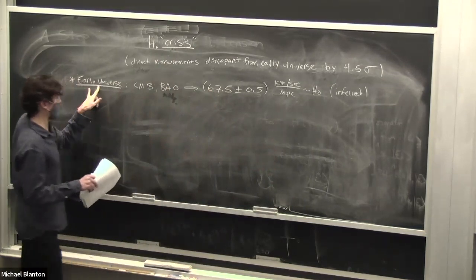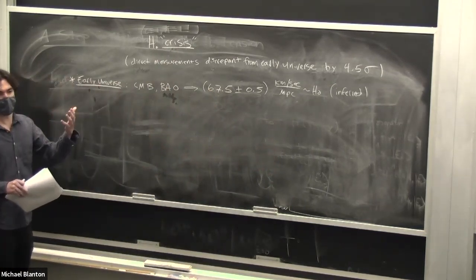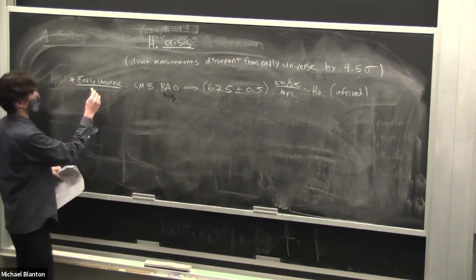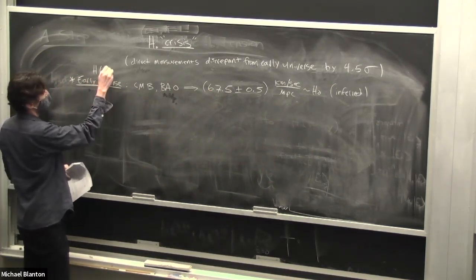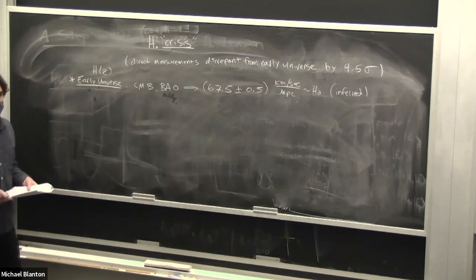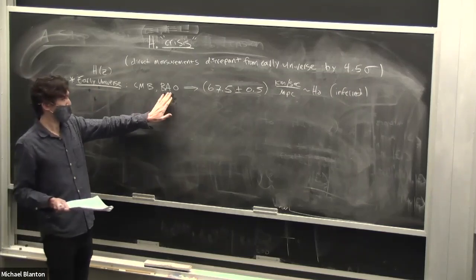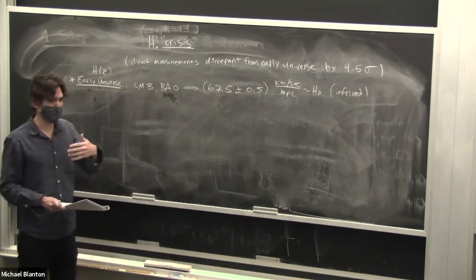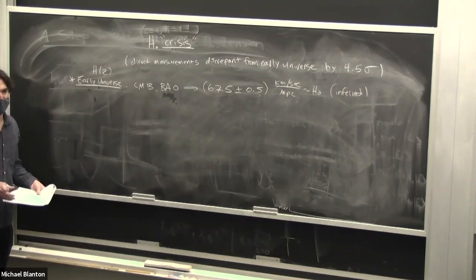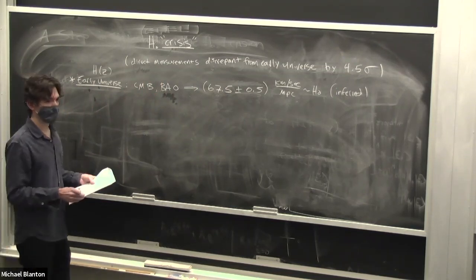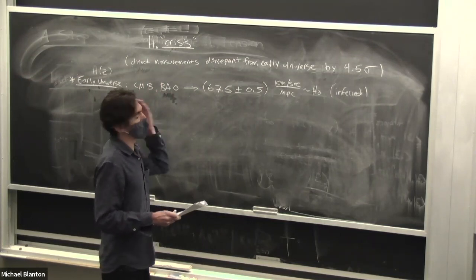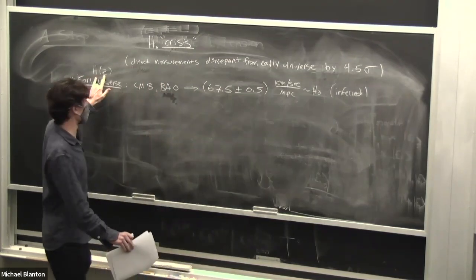So really what I mean by early universe is you're sensitive to H of z going all the way back to recombination. So although BAO is a low z probe, they're assuming lambda CDM up to z of 1,000. And so that gives you an H of z for all z's, say from 1,000 down to zero. Yeah, if you're assuming lambda CDM, you essentially have this function.